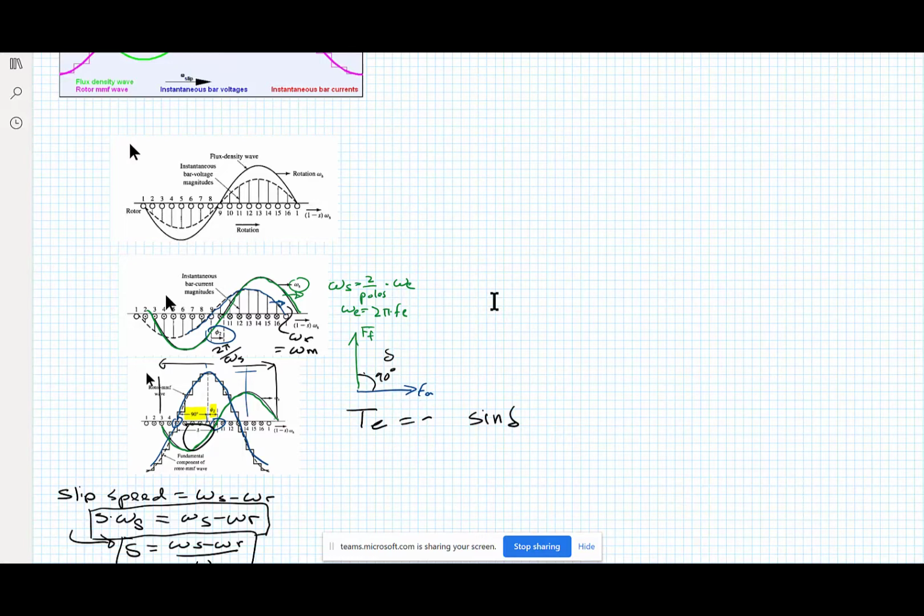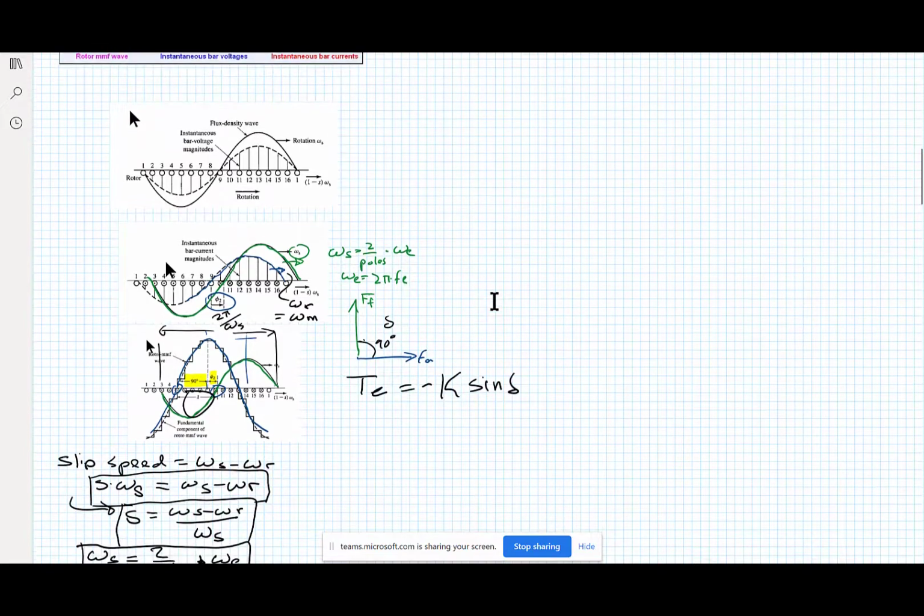With the induction machine, I'm going to put a little k here that represents the mixture of the equivalent field and equivalent armature MMF, and a negative here.